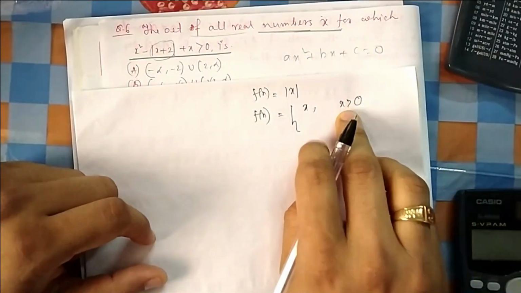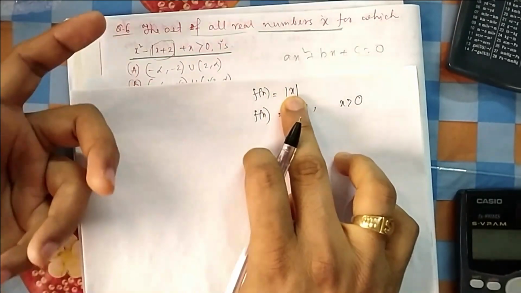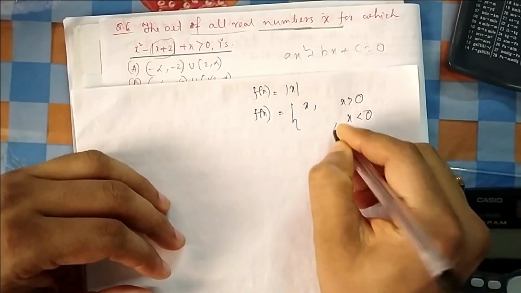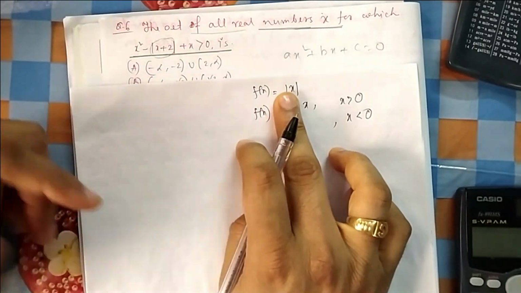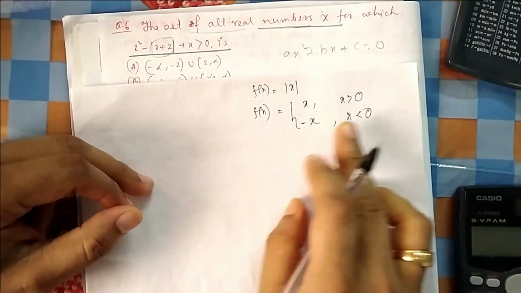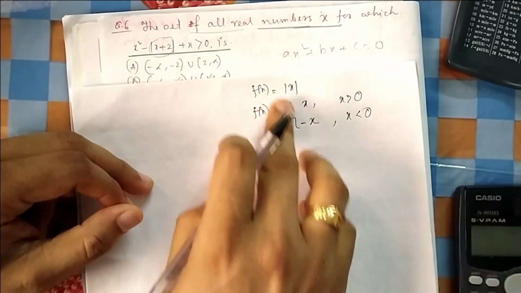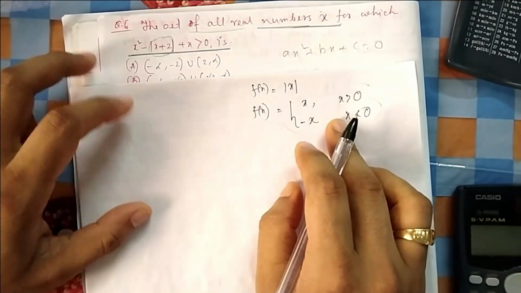So if x itself is positive, then there is no need of the mod sign. If x is 3, then the output will always be 3. There, what is the need of giving the mod sign? No need. Now if x is less than 0, suppose x equals -2, then what is the outcome of mod? The outcome is plus. So you have -2, that means you need to give one more minus. If x is negative, you give one more minus, it will automatically be plus. So the work that mod is doing, the same work can be done by this function also. That is known as a piecewise defined function.